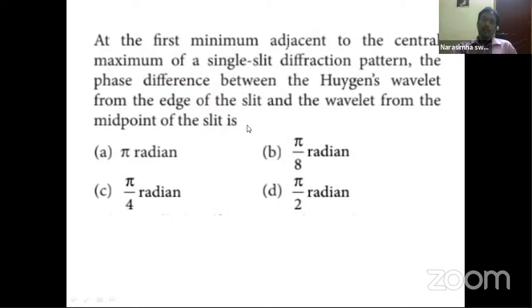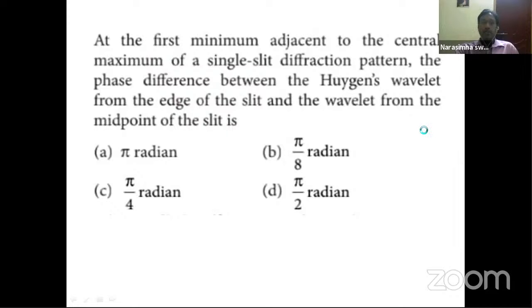Then for these two cases, they are asking: at the first minimum adjacent to the central maxima of the single slit diffraction pattern, what is the phase difference between the Huygens wavelet from the edge of the slit and the wavelet from the midpoint of the slit? Right.